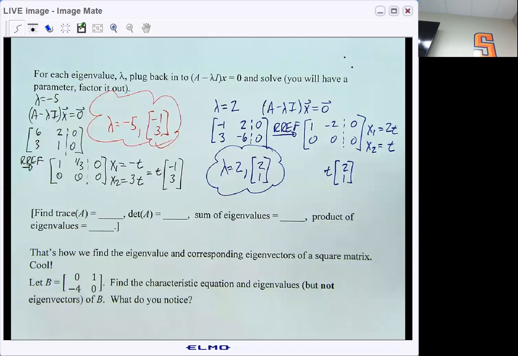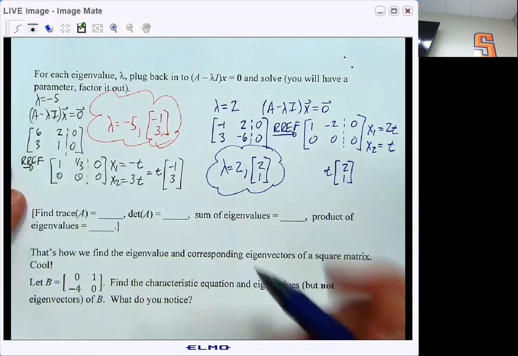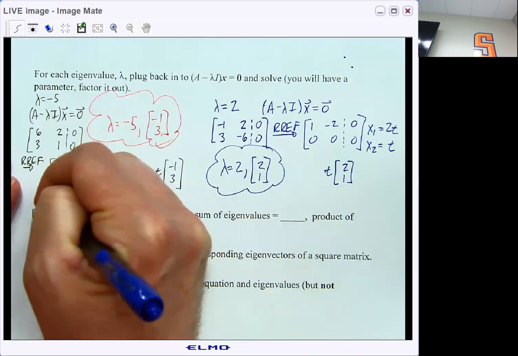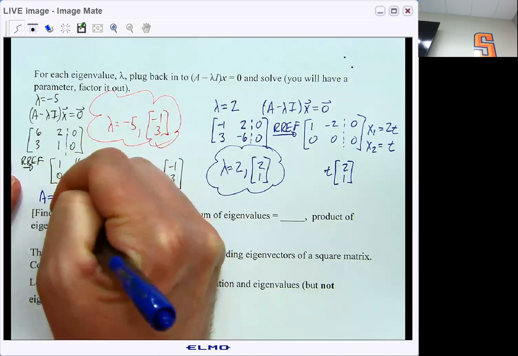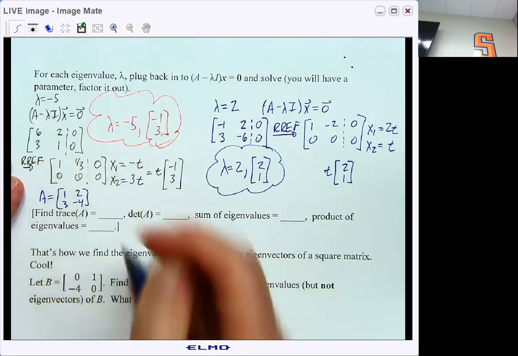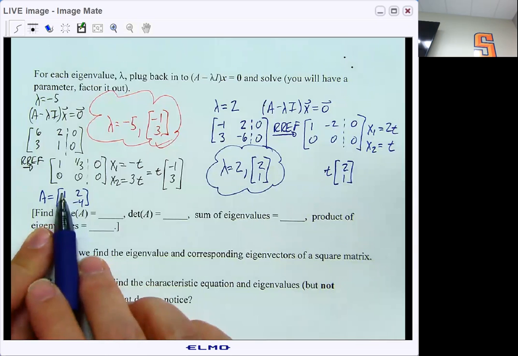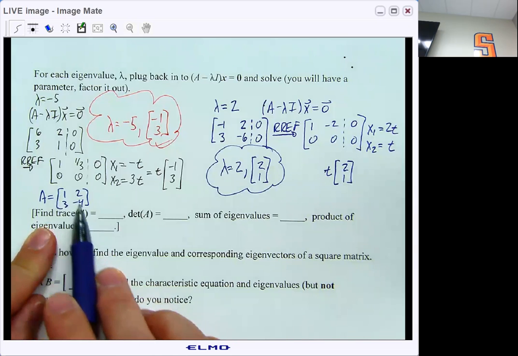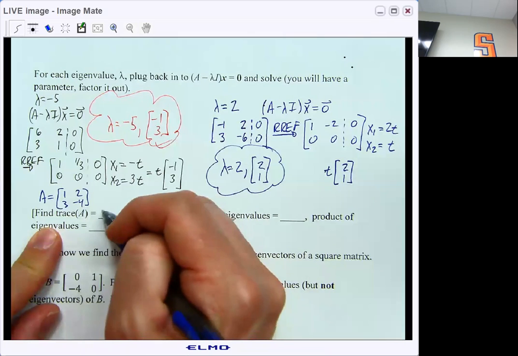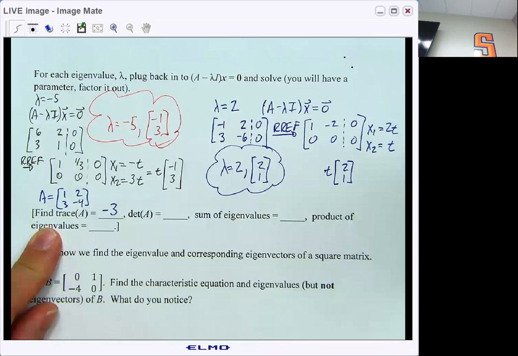Okay. And, oh, by the way, let's go back to our A matrix, remembering that our A matrix was 1, 2, 3, negative 4. And recall that the trace is the sum of the main diagonal elements on our square matrix. So if we add up the main diagonal elements, we've got 1 plus negative 4, which is negative 3.